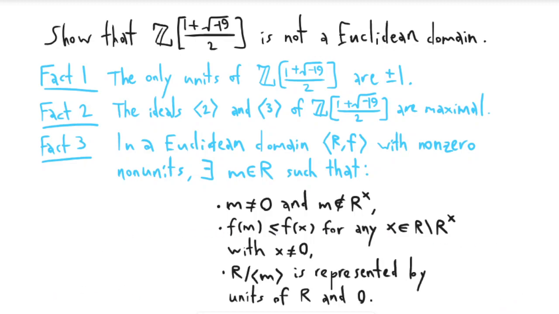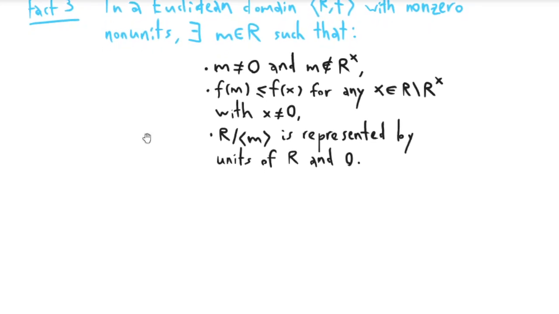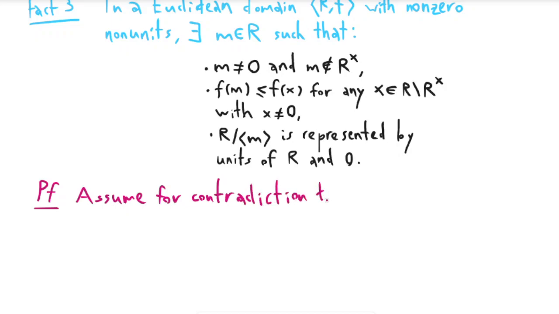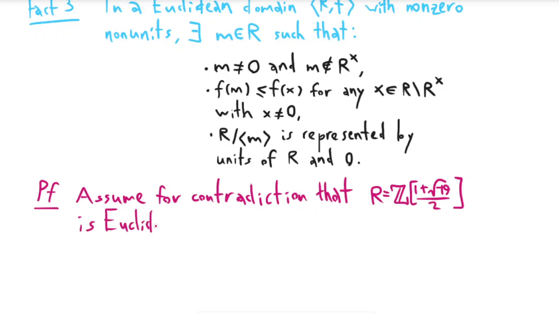Okay, so this is true for any Euclidean domain that has non-zero non-units, which you can prove. Great. So we're going to use these three facts. And we're going to start. I'm going to assume for contradiction that this given ring, Z adjoin (1 plus root negative 19) over 2, is Euclidean, with Euclidean function f.